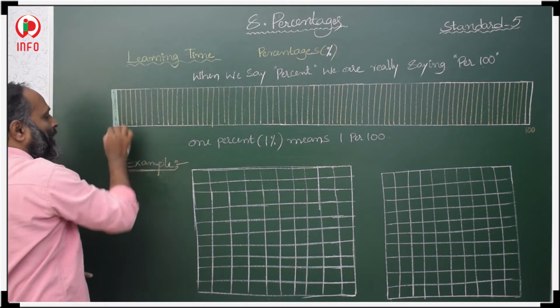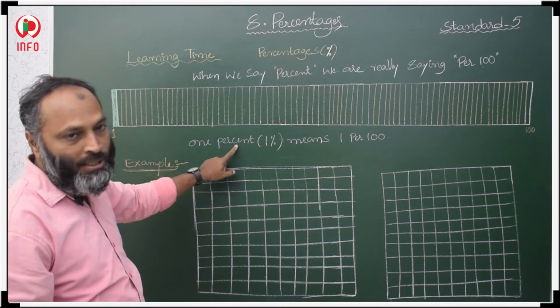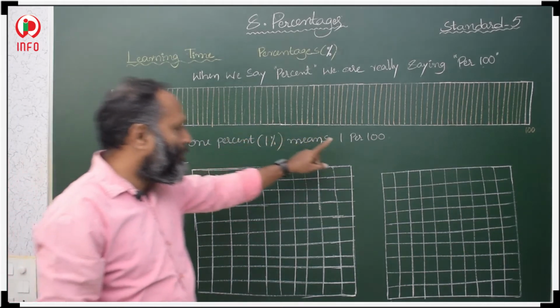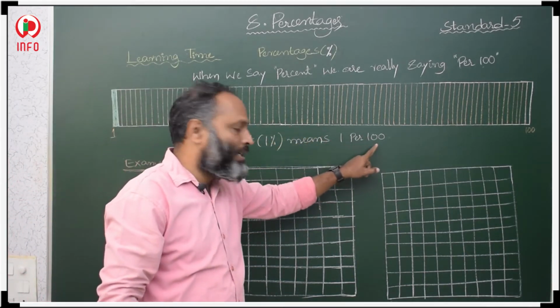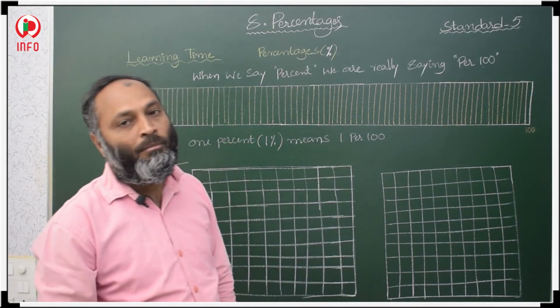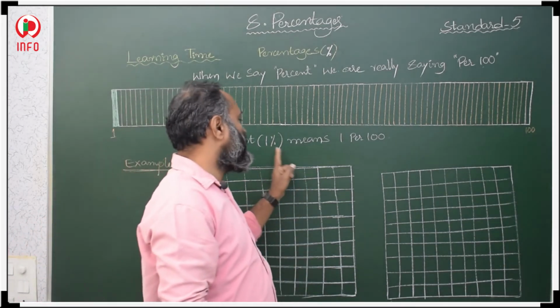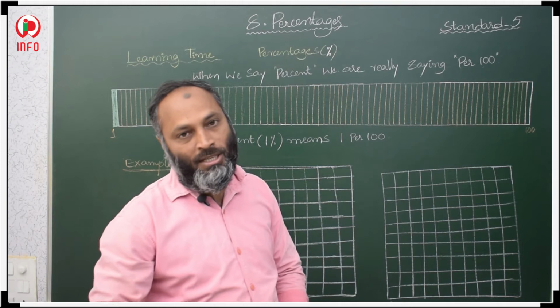It is called 1%. In hundreds, 1 we shaded, 1 we completed, 1 is over. So 1% means 1 is completed.